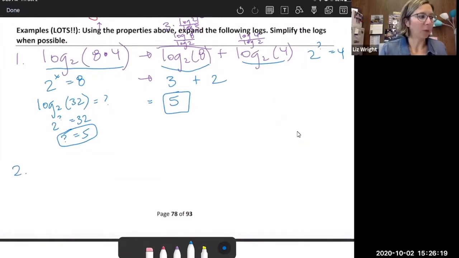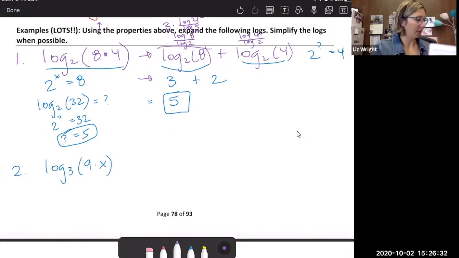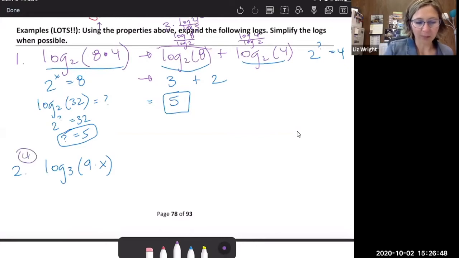So our next example is going to be log base 3 of 9 times x. And which property do you think we're going to use again? Okay, that should be our product property of logs, number 4. So same thing with this one, you use property number 4.